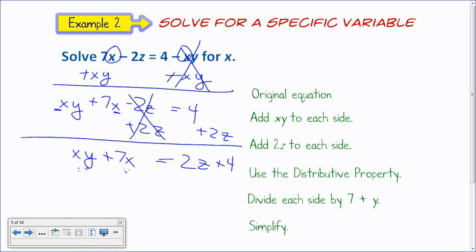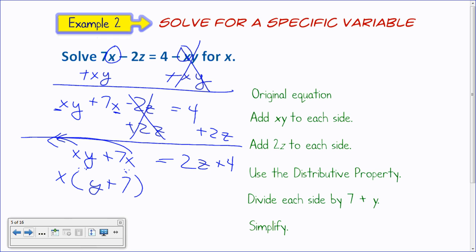Can I not just take the x out of that and out of that and rewrite it like that? Why not? It's the same thing, isn't it? Isn't it? Yep.